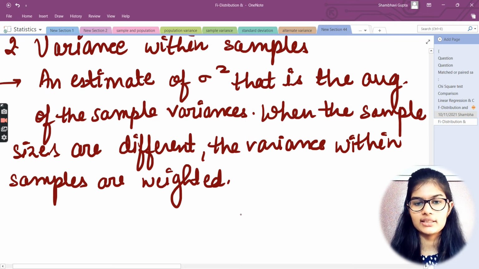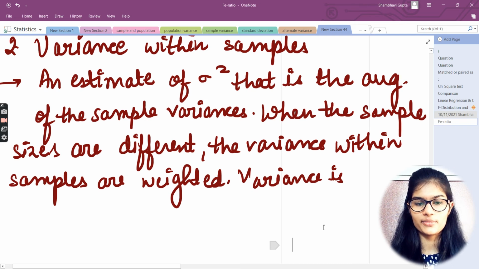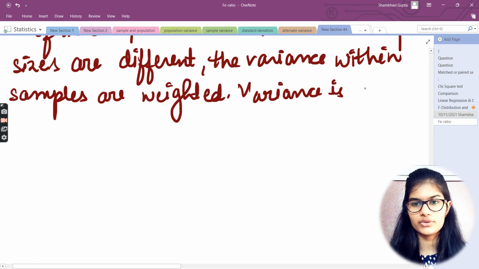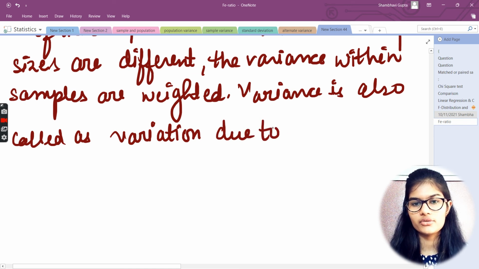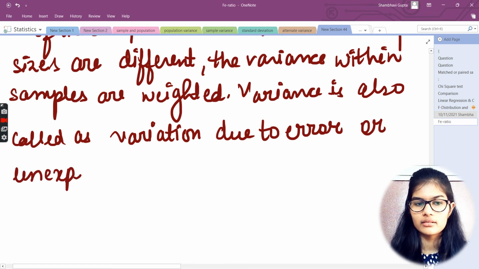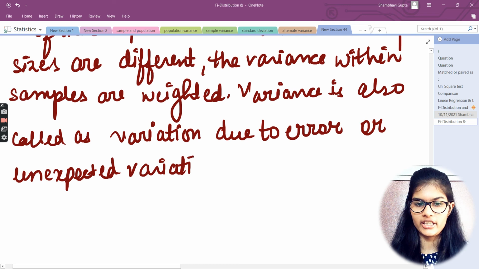In that case the variance is also called variation due to error, or unexpected variation.